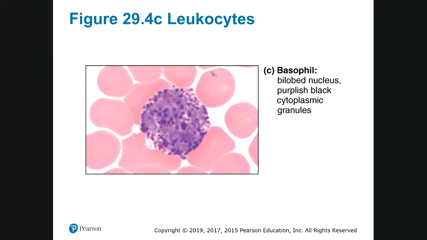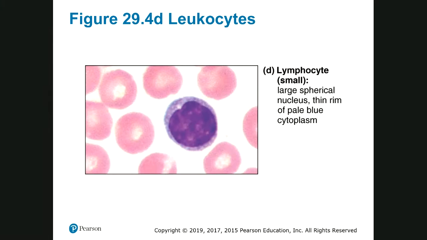You have the basophil, which has a bilobed nucleus, and the cytoplasm also is granulated. Lymphocyte, very smooth, no granulations, and it's one of the smallest white cells. The nucleus is a spherical nucleus. It occupies almost all the cytoplasm of the cell.